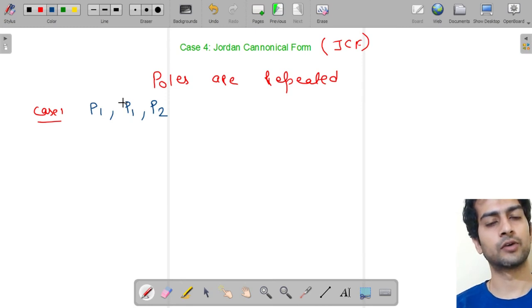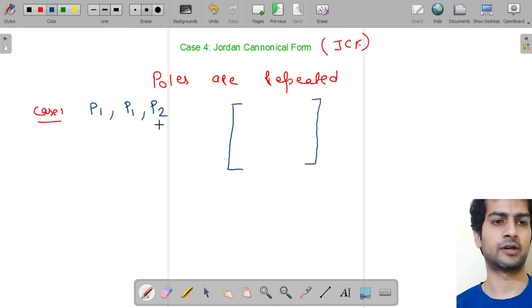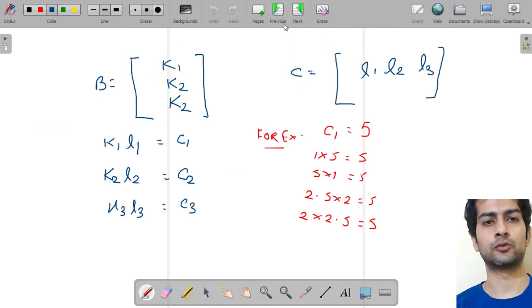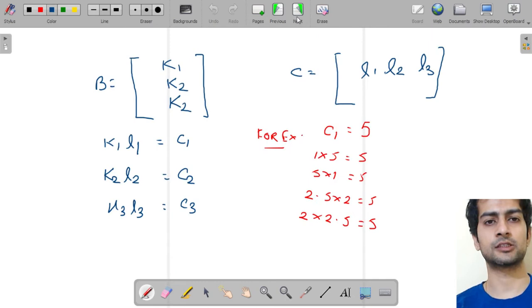Then what will be our matrix A in JCF? We can write our matrix A for understanding purposes. Let's take it as minus P1, minus P1, minus P1, because I want to correlate it with DCF. Here, if we equate each pole with 0, we will get poles as minus P1, minus P2, minus P3.